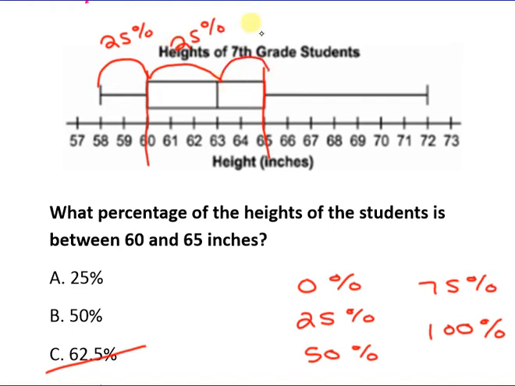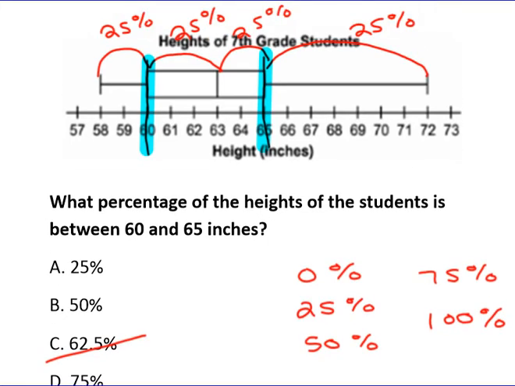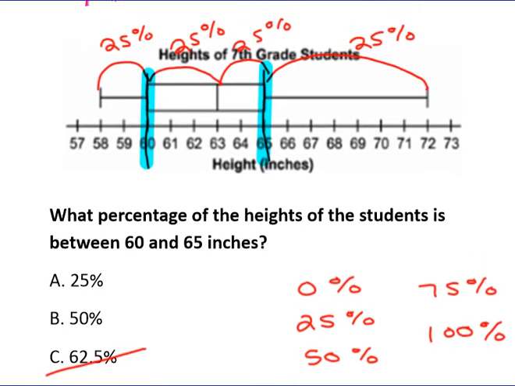From here to here is 25%. And from here to here is 25%. So the question is asking you, how much is it from 60 to 65 total? Well, the answer is going to be B, 50%.